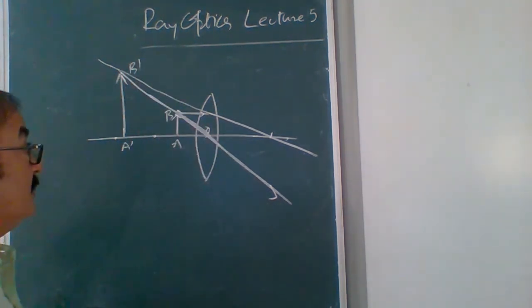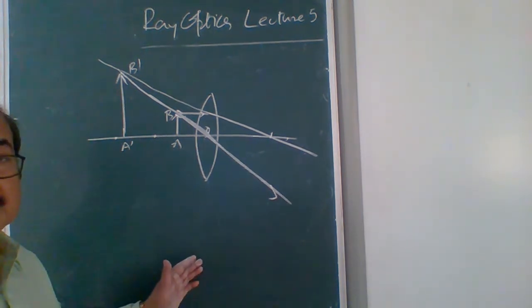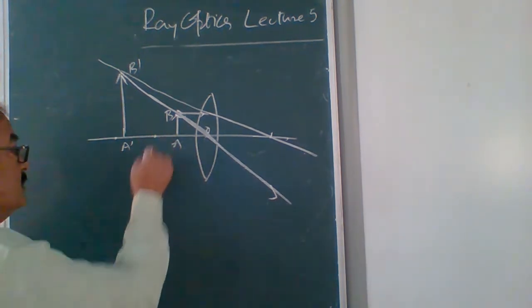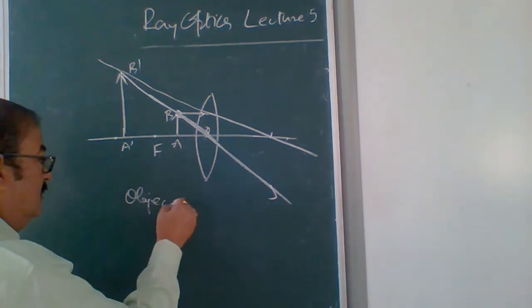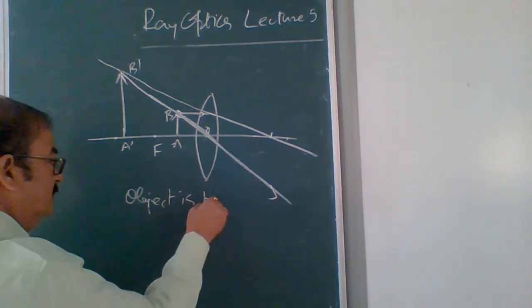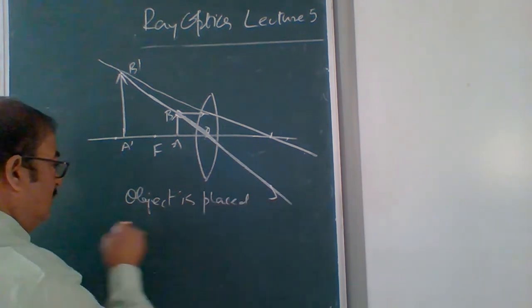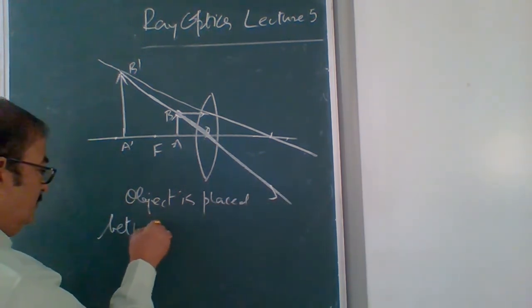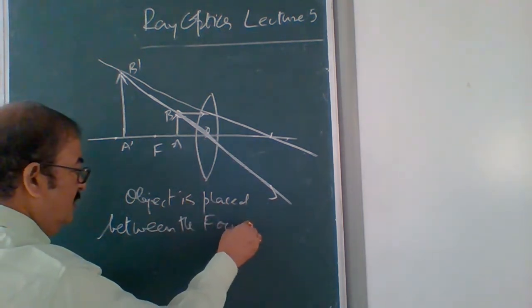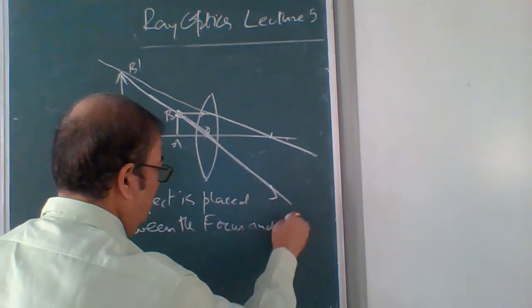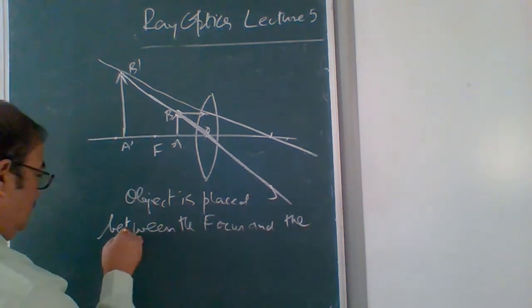This is the special case for convex lens, when the object is placed between the focus and the optical center.